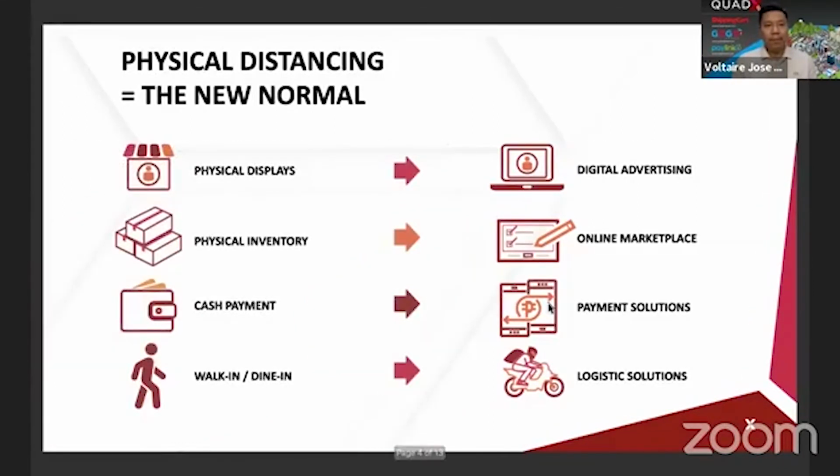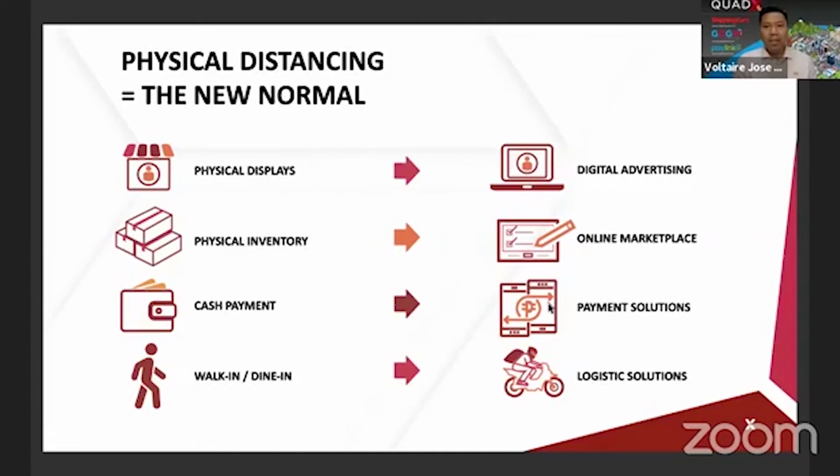Now, in our case, the current situation right now, physical distancing is currently the new normal for everybody. On the left, you'll see there, a few months ago, we had physical displays, physical inventory. We still have it. Cash payment was a regular thing, and of course, walk in and dine in.